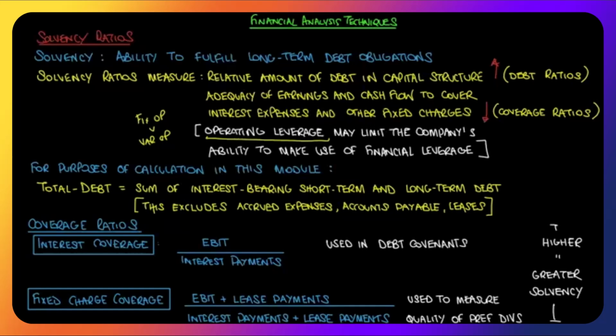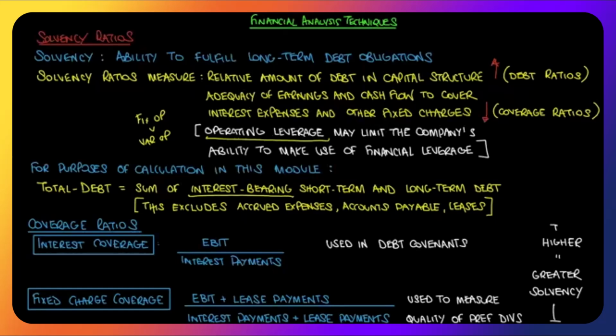Definitions. We said earlier on, there are no rules. For the purposes of this module, and they mention it in the module, different people use lots of different definitions. Clearly, as you have to do an objective test question in an exam, they want to be consistent. So for this module, for your calculations here, total debt is defined as the sum of interest-bearing, short-term and long-term debt.